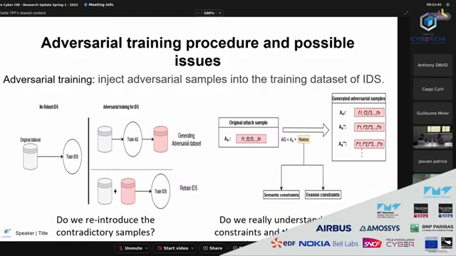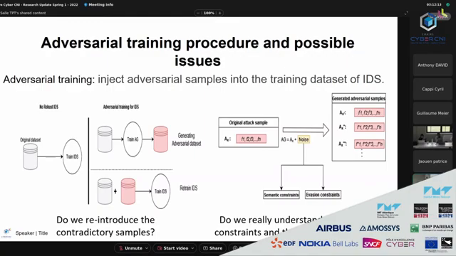And the second one is: do we really understand those two constraints, the semantics of the features and so on? And when do we handle these two constraints? It could be a reason for the first problem of data quality if we don't manage those constraints correctly.